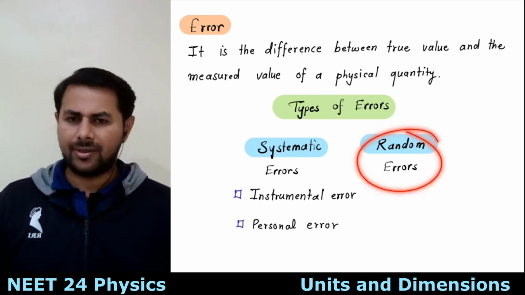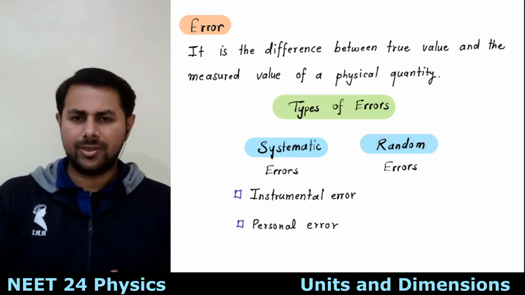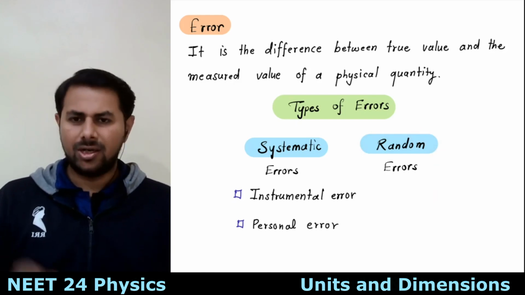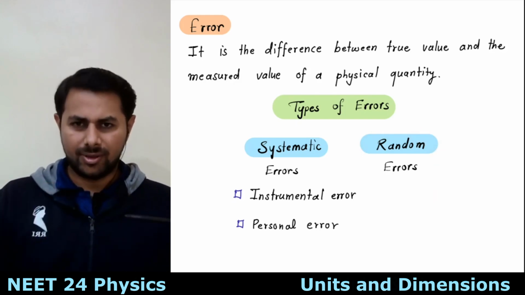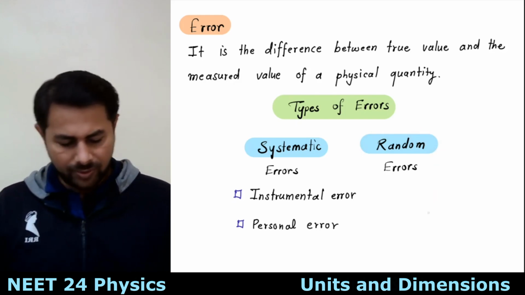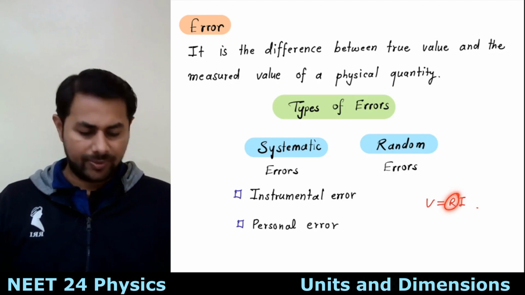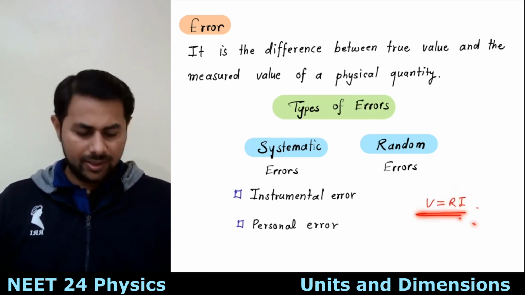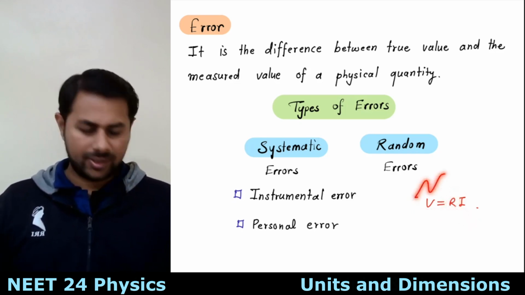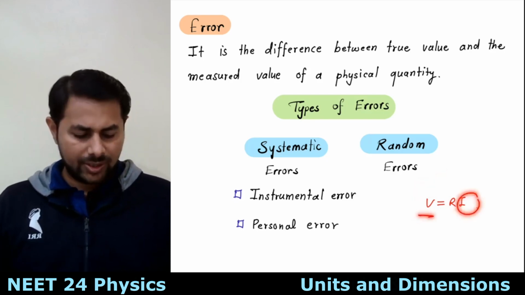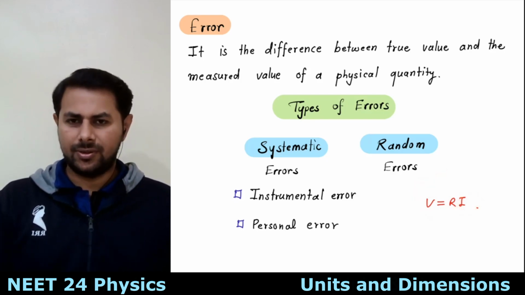What is random error? Suppose you are doing an experiment, measuring the resistance of a wire. You know Ohm's law, V is equal to R into I. There are certain fluctuations in the voltage, because of which the current will change.